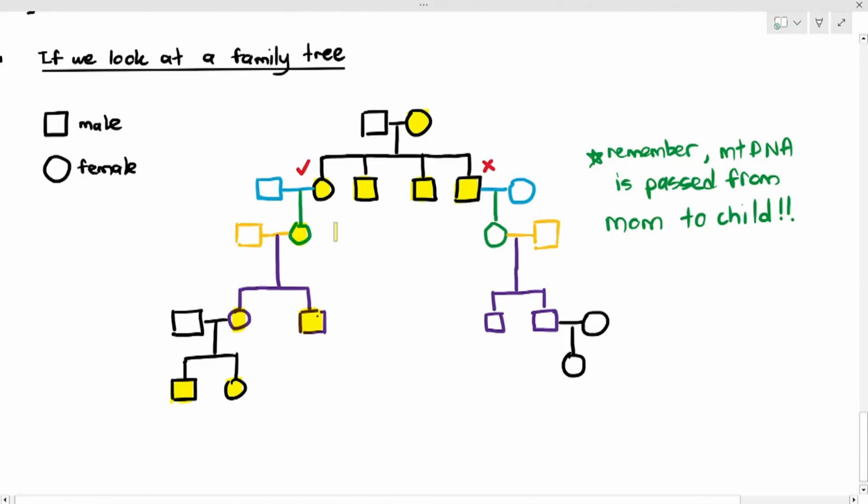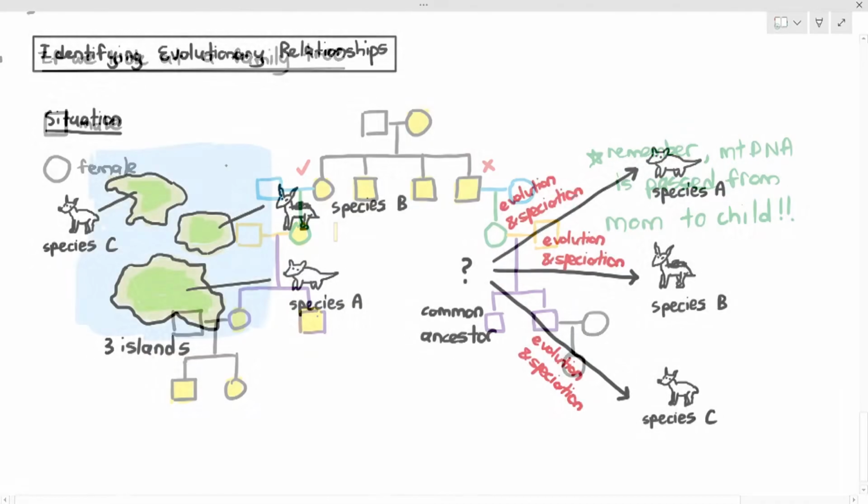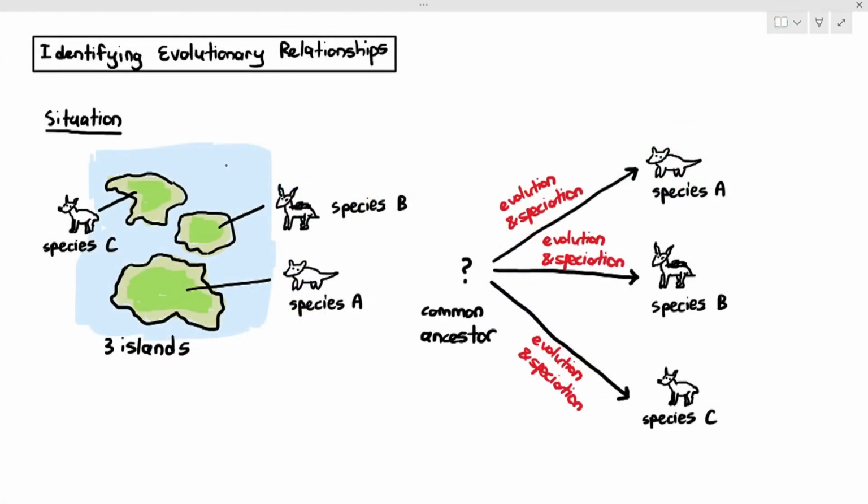However, your mitochondrial DNA is exactly the same as your biological mother's. So your mitochondrial DNA will not be the same as your biological father's. It's only from the mother, by the way. So I hope you understand that part. Now that we understand the inheritance of both, how can we prove that these three species came from a common ancestor?